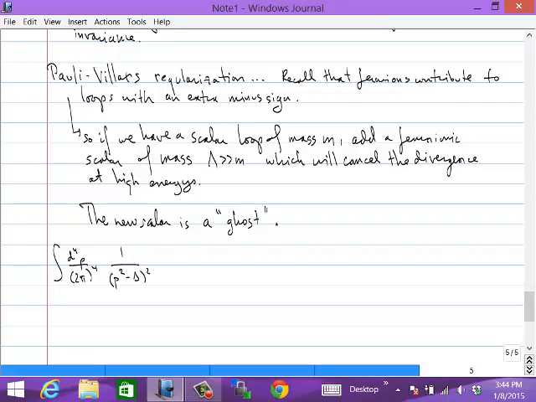And in this regularization scheme, you just replace this with an integral d4p over 2 pi to the 4th times our original term, 1 over p squared minus delta squared.